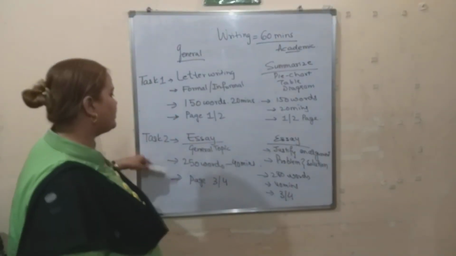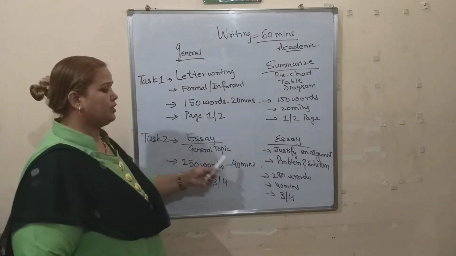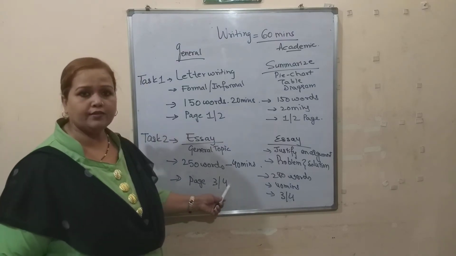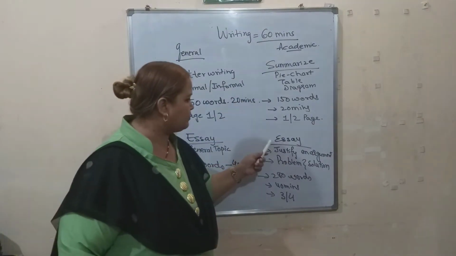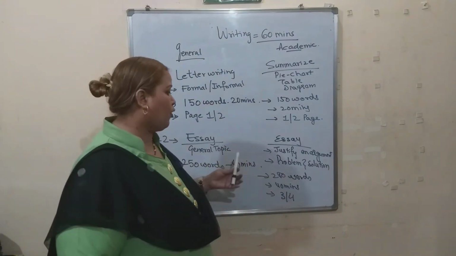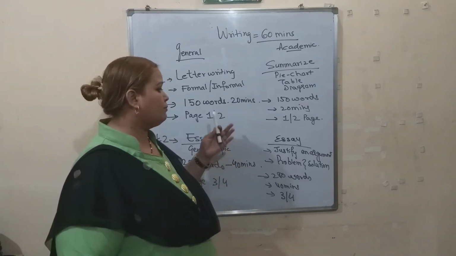Task 2 for the general is always an essay on a general topic, 250 words. It should be written in 40 minutes and on page number 3 and 4 of the answer sheet. For the academic, it is the same. It is an essay, but in a different form. It's always a problem and solution, or a justification of your opinion, or it can be an argument.